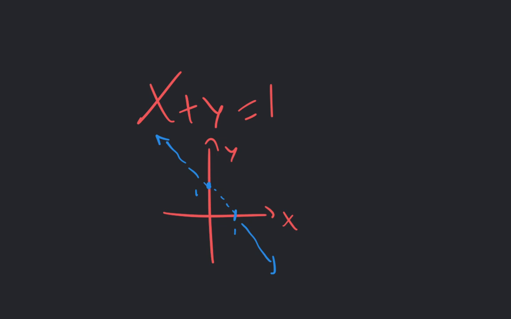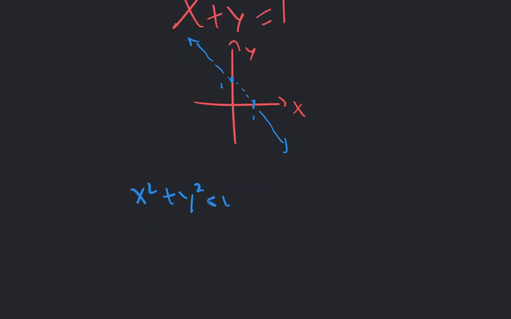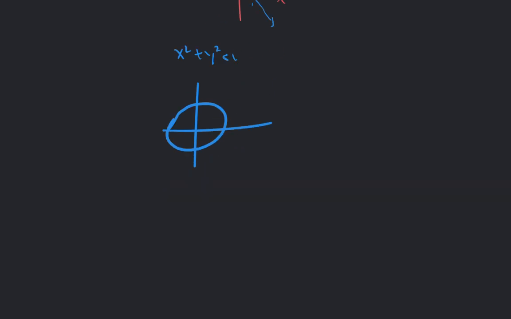This is not a vector space. We can also have x squared plus y squared equal 1. This is also not a vector space. Let's come back to that.